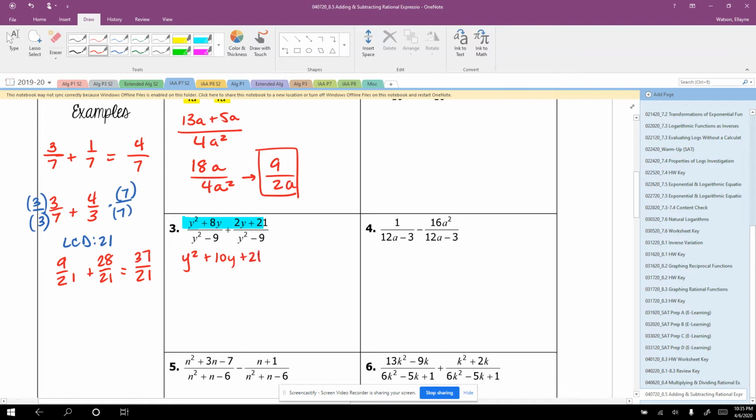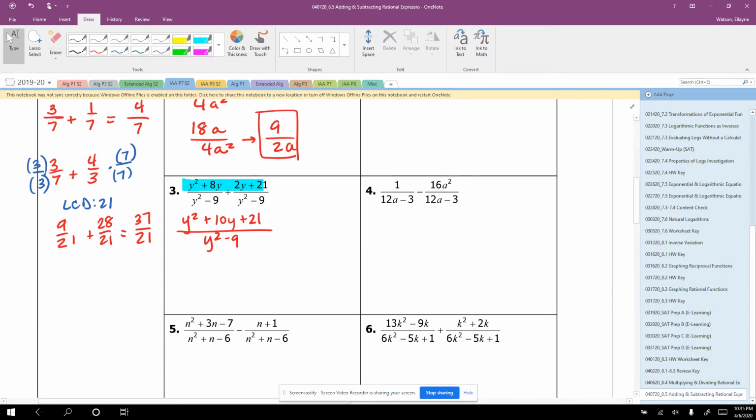plus 21 divided by, now let's factor this. Actually, let's not factor it quite yet. Let's just keep it as is. And now let's factor it because in order to be fully simplified, we need to make sure that we've canceled out any common factors in the top and bottom. Well, in order to know common factors, you have to factor it.